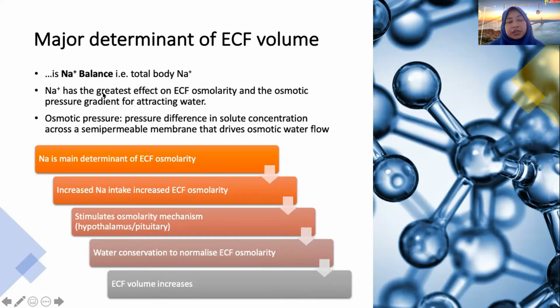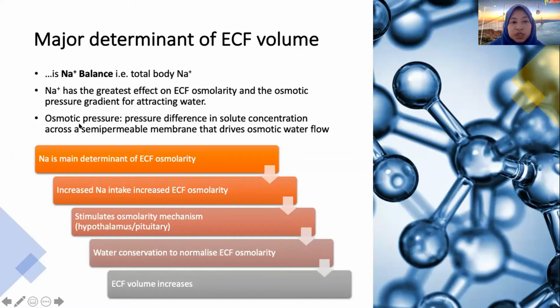Because sodium cannot readily cross the semi-permeable membrane, it needs the ion channel, right? Because of that, when there is a difference in the sodium concentration or the ECF osmolarity in the two compartments, instead of the sodium going out from that compartment, the water will actually move in to equilibrate the osmolarity between the two compartments.